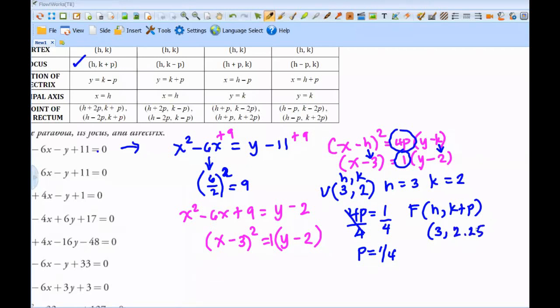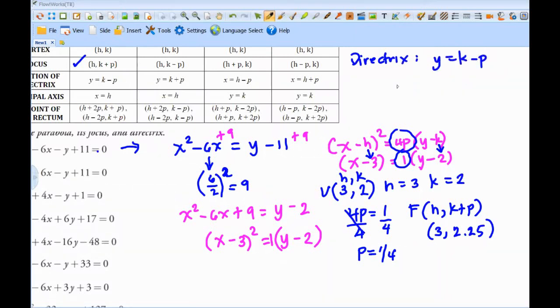We will do it in decimal so that we can be able to graph. Because 1/4 is 0.25, so when you add 2 plus 0.25 it is 2.25. That's the focus. Now the directrix. The directrix has a formula of y equals k minus p.